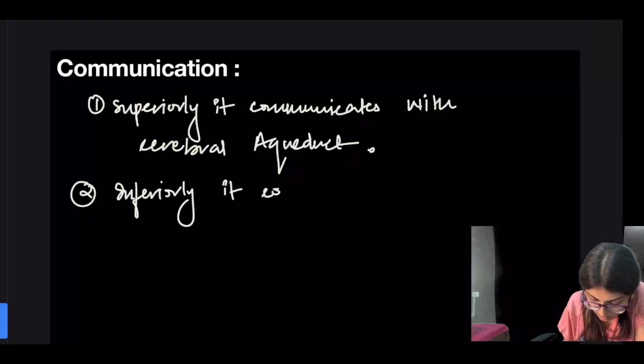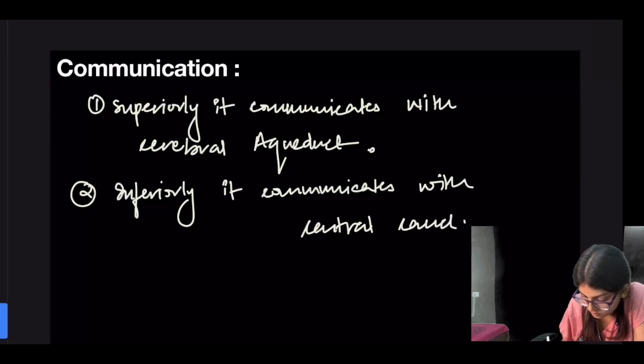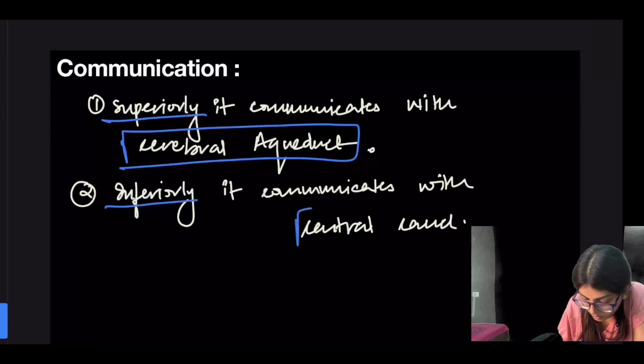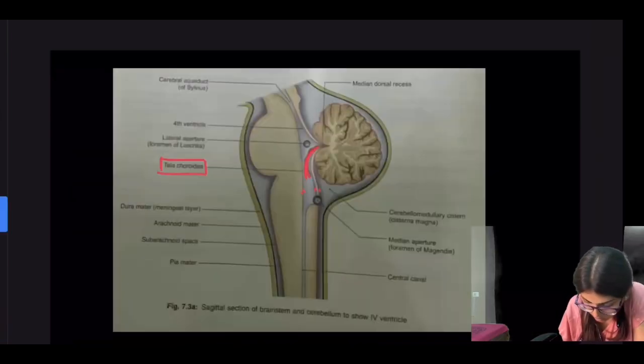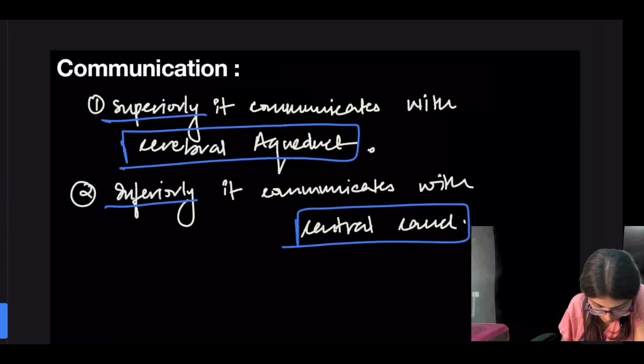Inferiorly, it communicates with the central canal. Let's see this in the diagram: superiorly it communicates with the cerebral aqueduct, and inferiorly we have the central canal.